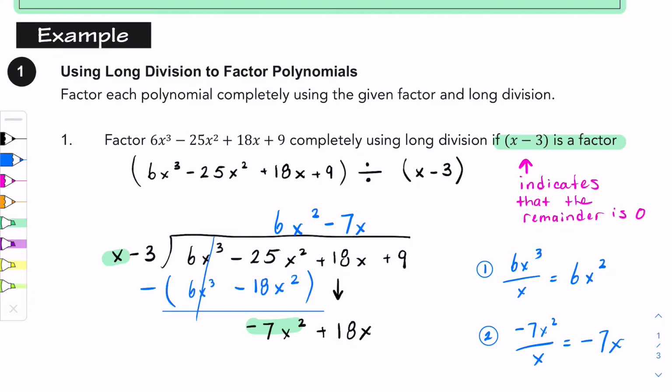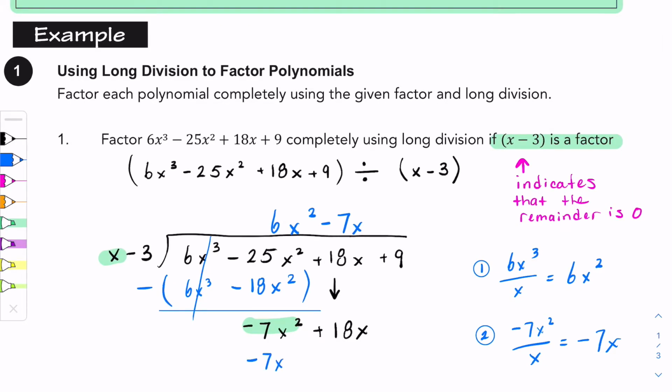Negative 7x times x is negative 7x squared. Negative 7x times negative 3 is positive 21x. Subtract both terms inside of the parentheses. That's going to eliminate your first term. 18 minus 21 is negative 3x, plus 9, and that's because I brought down this next term.